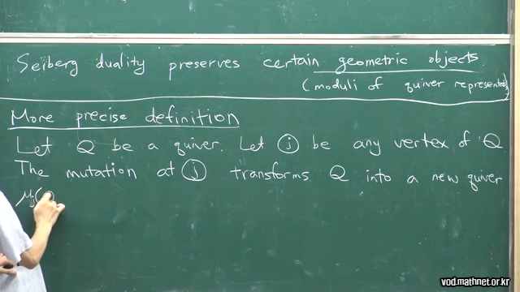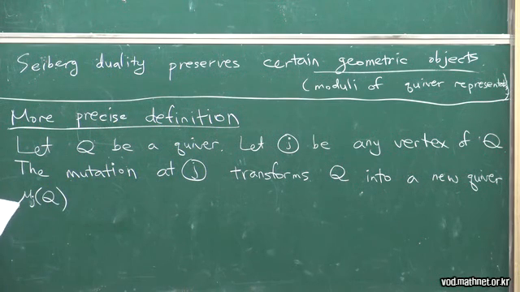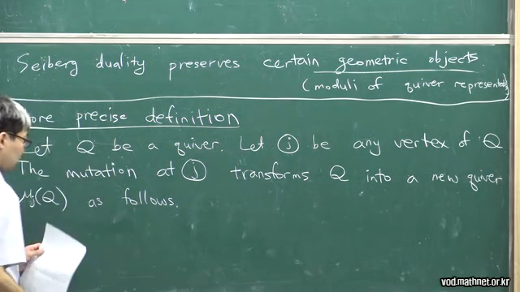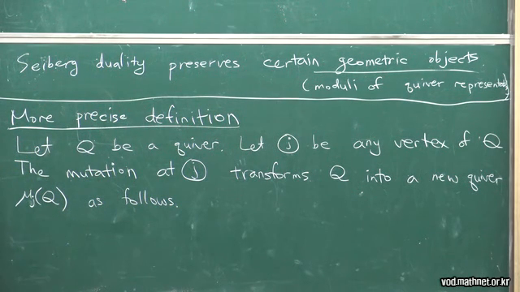I will denote it by mu j of Q. And I'll just make precise what I said there.